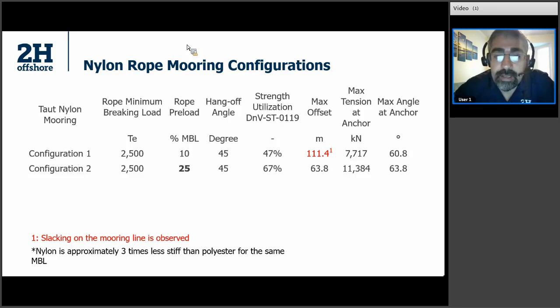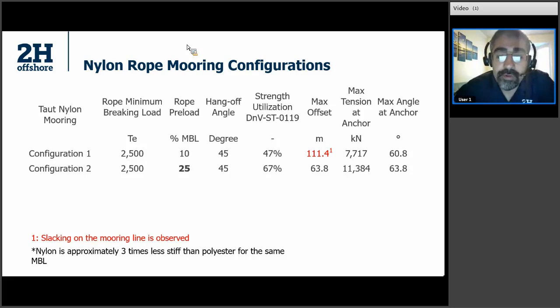You can see the utilization is low at 47%, but the problem is it is too loose, and there are some slacking events, and the whole mooring line, especially towards the bottom, goes into slack mode, which we don't want happening in our mooring lines every time there's a wave event.